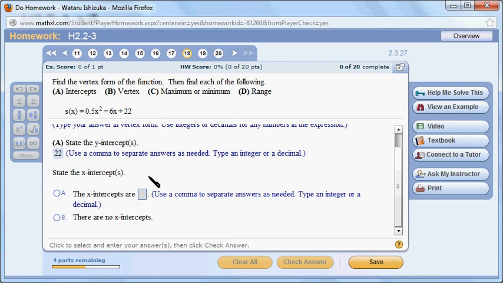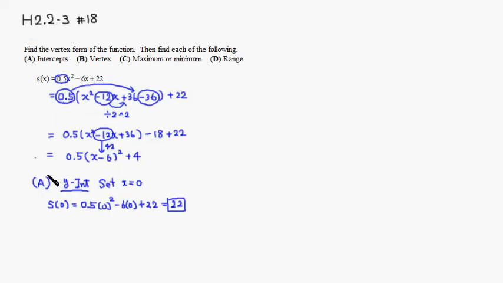All right, state the x-intercepts, and there are two choices. X-intercepts are, then you give the x-intercepts, or there are no x-intercepts. So let's go back to the paper. In order to find x-intercepts, as usual, we're going to set y equal to 0, which means that we're going to set the whole function equal to 0.